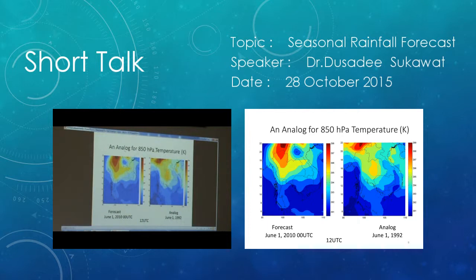So we have a similar pattern and similar maximum or minimum value. If you want a better analog day, you have to go back further than 30 years. So this is the analog day. So to forecast the rainfall for June 1st, 2010, I use the rainfall from June 1st, 1992.